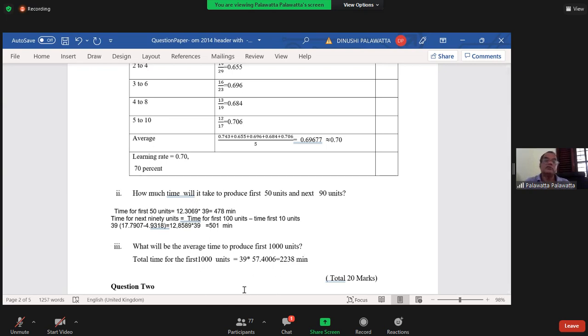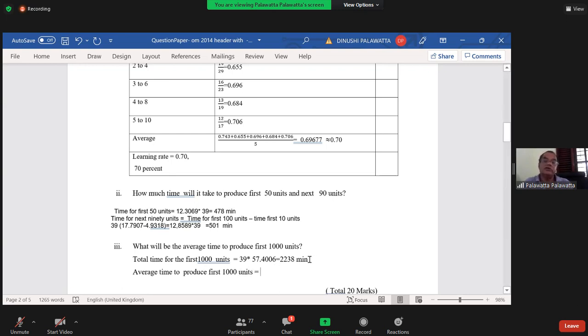Then we have to answer the average time to produce the first 1000 units.